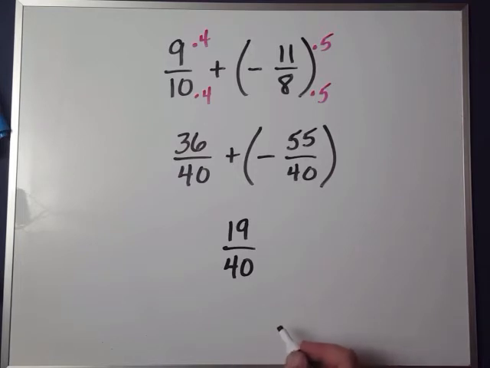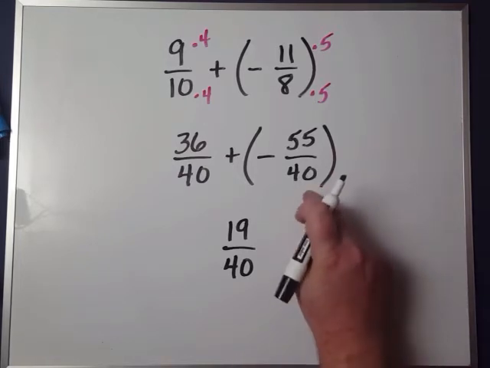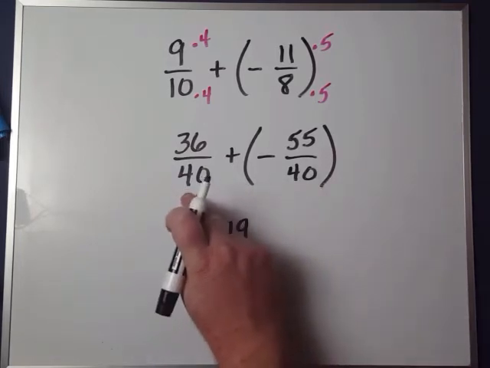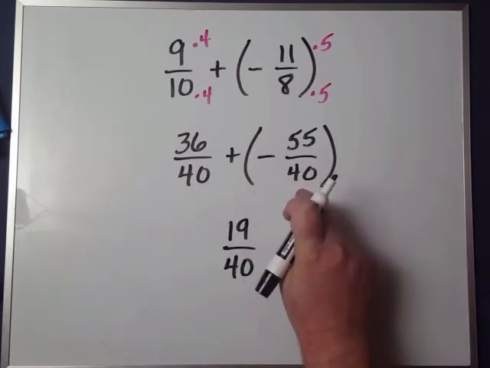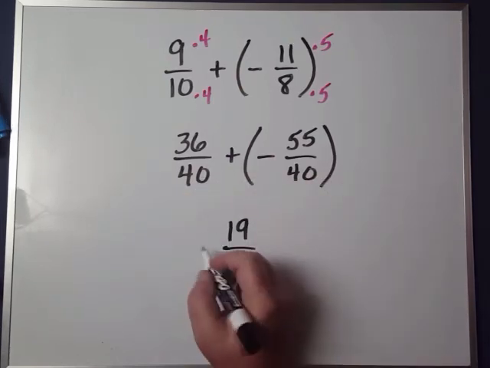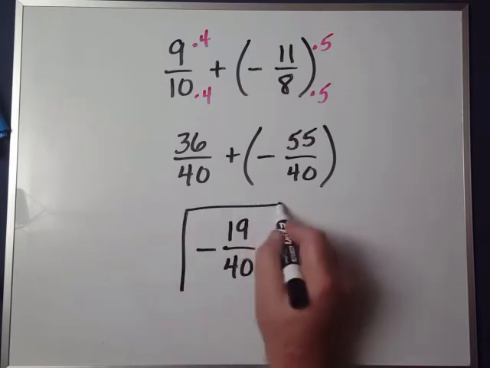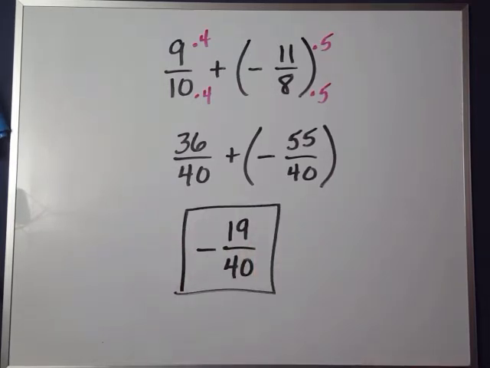And the sign on my answer: 55 40ths is bigger than 36 40ths. The 55 40ths was negative, so my answer must be negative. Again, we're using that concept of the number line to help us picture what's going on in these problems. Number 36.